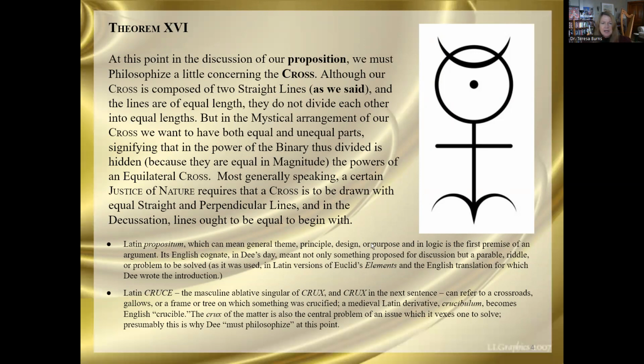Let's look at this other word I have in bold here. Cross. That's crux in Latin, like the crux of the matter, the central part of an argument, sometimes one that vexes one to solve. It can refer to a lot of other things in Latin, a crossroads, a frame or tree on which someone is crucified, like Jesus.